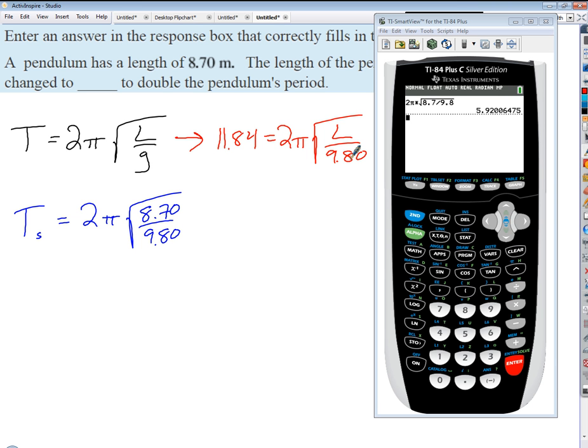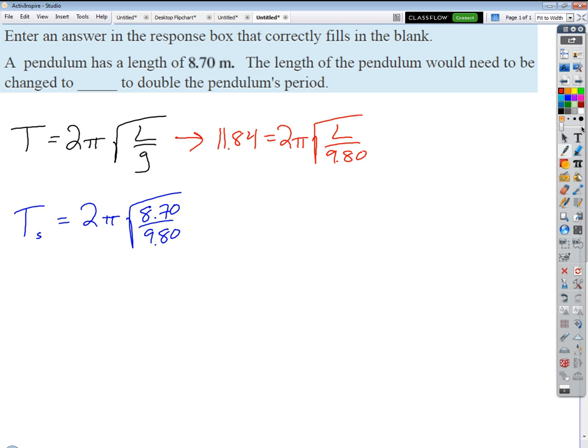Does that make sense? We're going to solve for L. So to solve for L, what do we do? Divide by 2 pi. Divide by 2 pi, good.